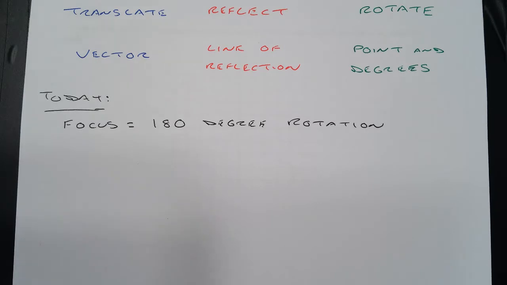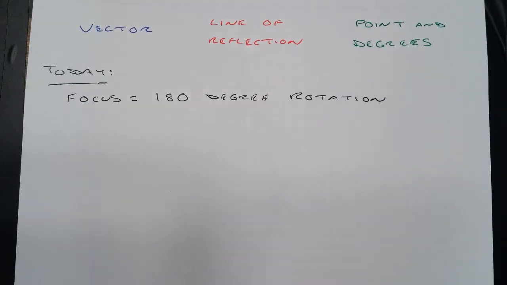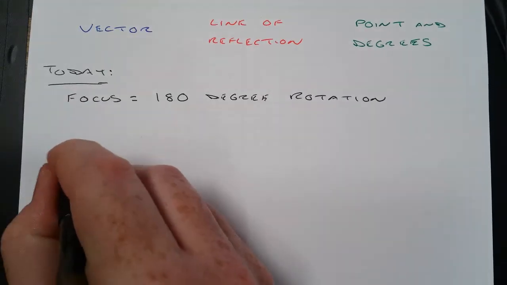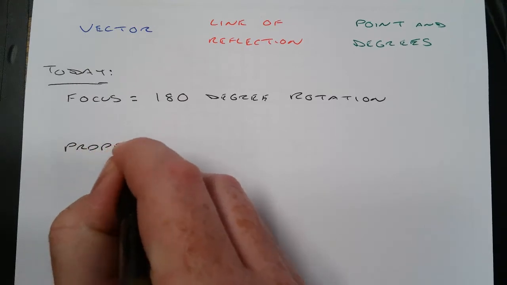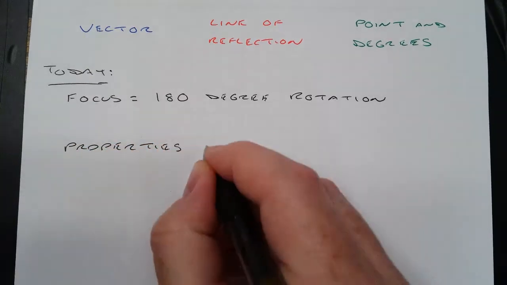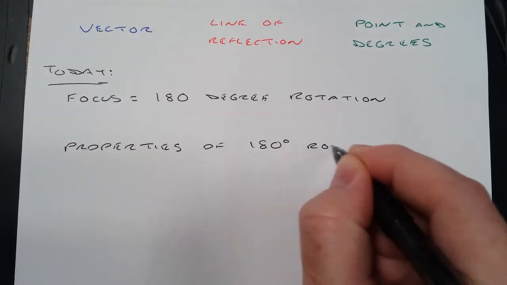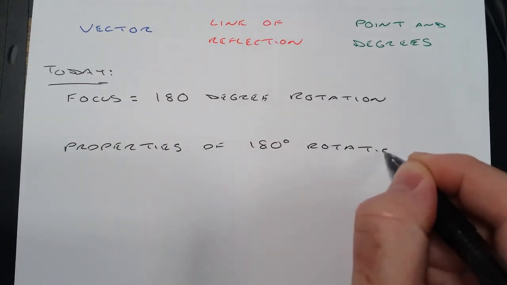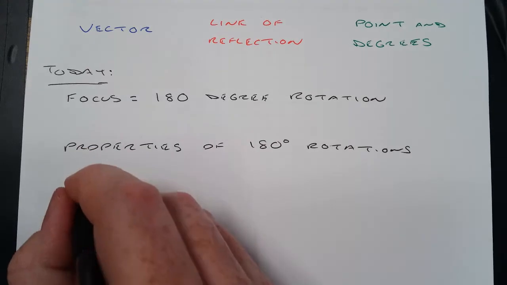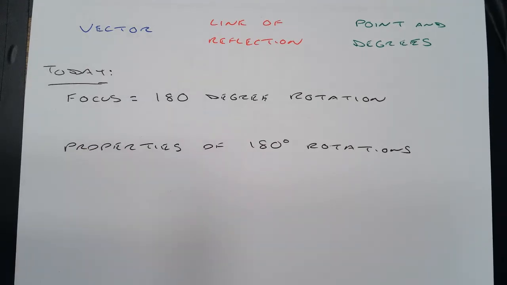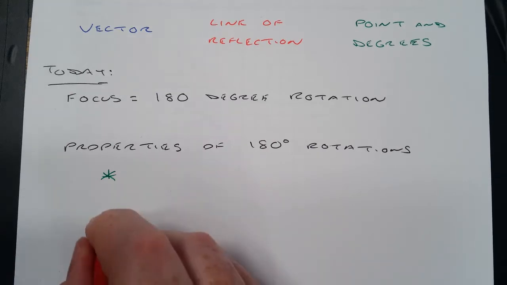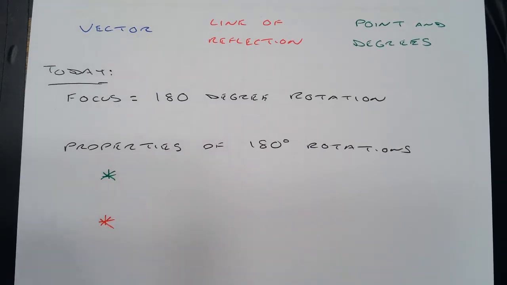And we're going to do some explorations, and we're going to learn about 2 properties of 180-degree rotations. Now, I'm not going to write them down now. There will be 2 of them, 1 and 2.